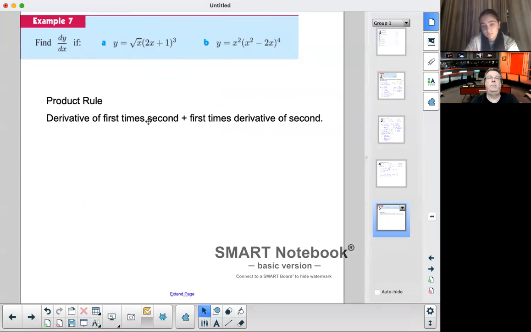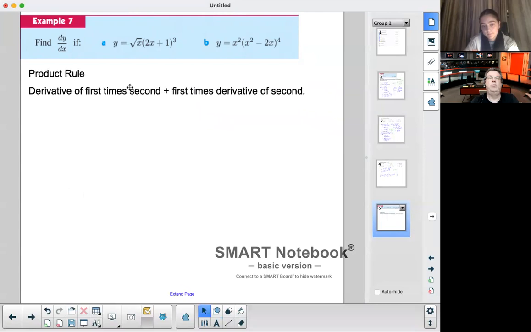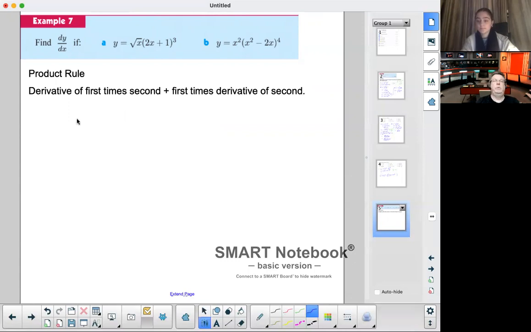And I will put some notation in there for you that I think will help you. For y equal to u times v. I think they use u and v on your formula sheet, but then they do the du dx, which kind of freaks folks out sometimes.